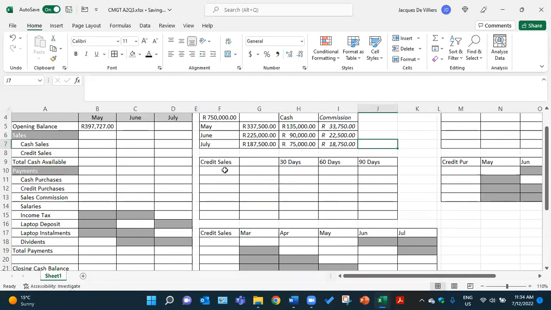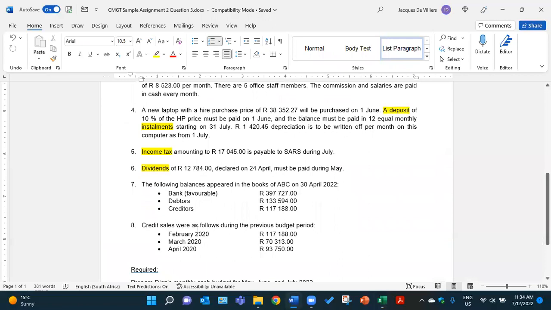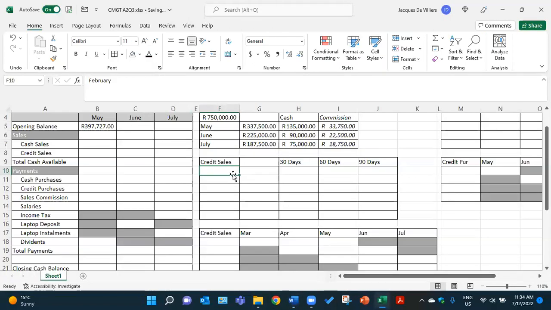Now, what about our credit sales? Okay, now remember, if you go and look here, they told us what the credit sales were for February, March, and April as well, not just in this quarter. So we have credit sales for February, we have credit sales in March, credit sales in April, and then the period that we are looking at, May, June, July.